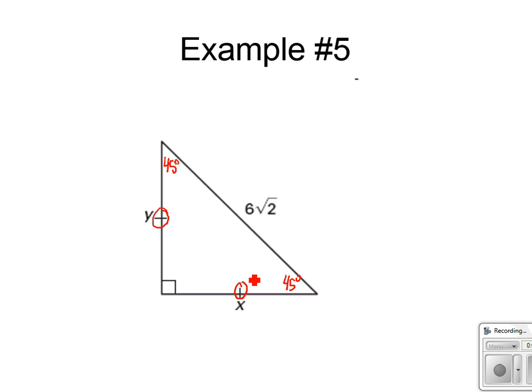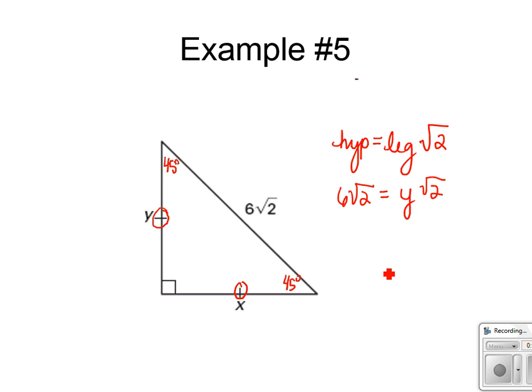Okay, and so we want to use the equation, hypotenuse is equal to the leg times the square root of 2. And we should know that the legs are congruent because they're telling me they are. So the hypotenuse is 6 square roots of 2. And I'm just going to plug in a y here to find that y side first. And so I have y times the square root of 2.